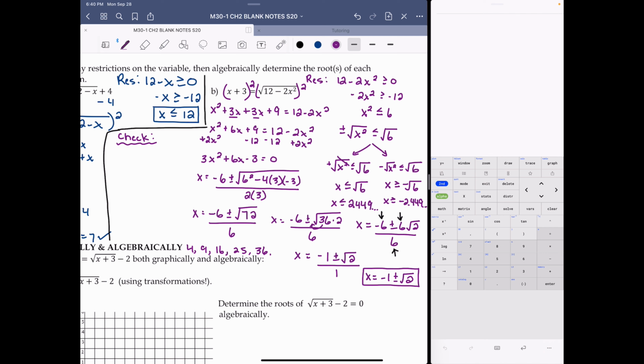Now we need to check our answers, and to do that it's usually simpler if we have a decimal answer instead of an exact value.